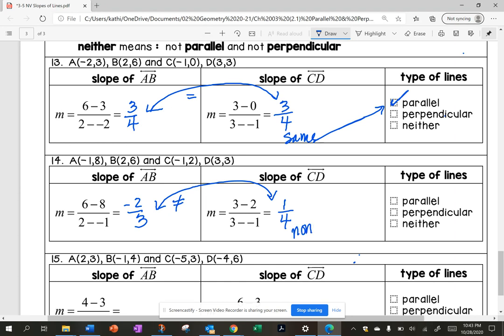Not the same. So then they are not parallel. They are not opposite reciprocals. So they are not perpendicular. So these are neither.